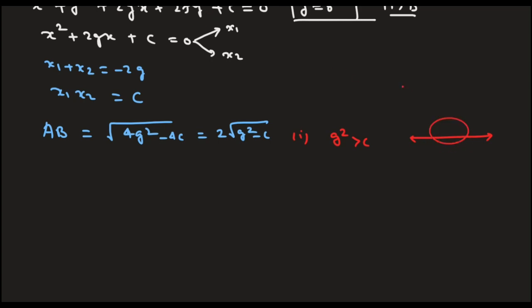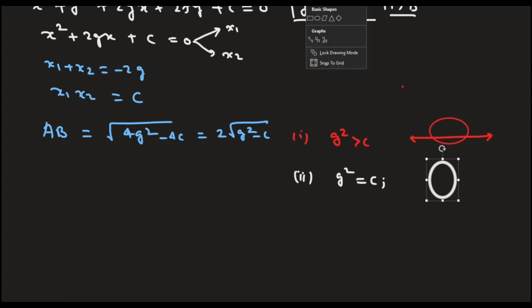Now what will happen if g square minus c is 0, that means g square is exactly c? In that situation your circle must touch the x-axis. So this is our circle, and this circle actually touches the x-axis.